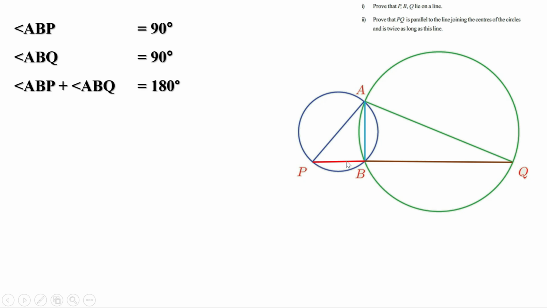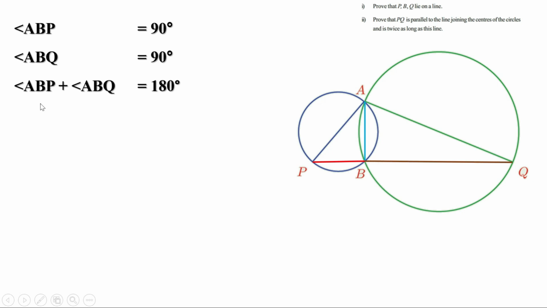What is the angle between PB and BQ? Up to this line AB, it is 90 degree. From that line to BQ, it is again 90 degree. And therefore, we can say the angle between PB and BQ is angle ABP plus angle ABQ.